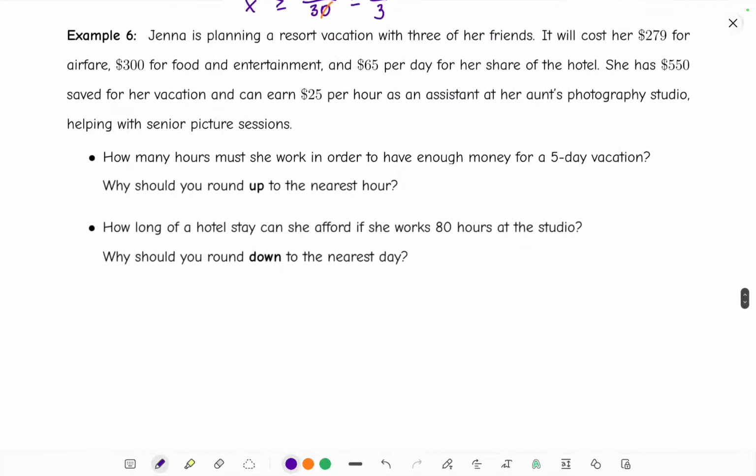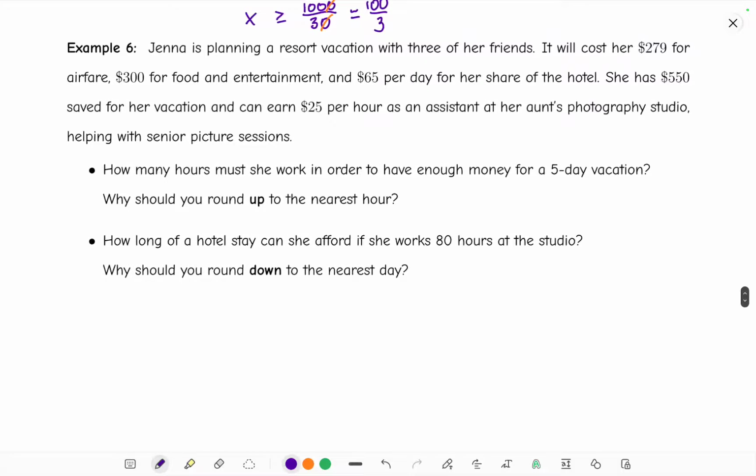Example 6. Jenna is planning a resort vacation with 3 of her friends. It'll cost her $279 for airfare, $300 for food and entertainment, and $65 per day for her share of the hotel. She has $550 saved for her vacation and can earn $25 per hour as an assistant to her aunt's photography studio, helping with senior picture sessions.